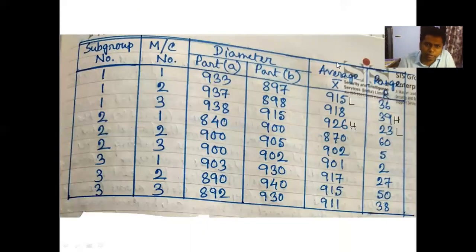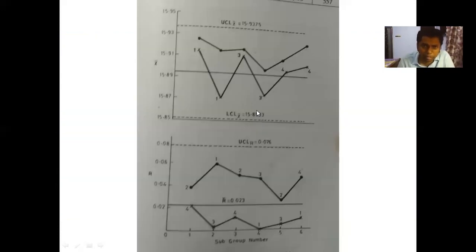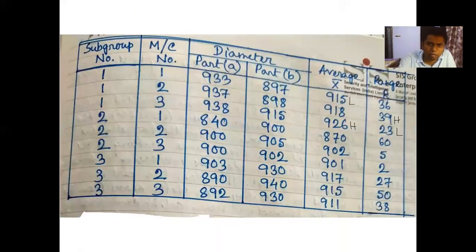Actually, the x bar will be around 900 or something like that, but they have used some special unit, so that's why they have converted it. In the book by Mahajan, you will get this example, and they have found out the bar accordingly.